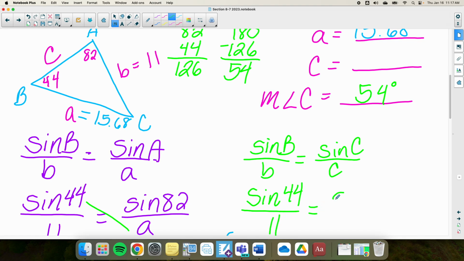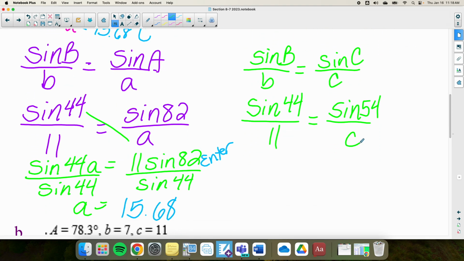Sine of C, and then it's over little c. Oh, so I know this angle. I know that this is 54. I found that right away, so I really should have written that in there. And then here I can make this 54. And then little c is what I'm actually looking for here.